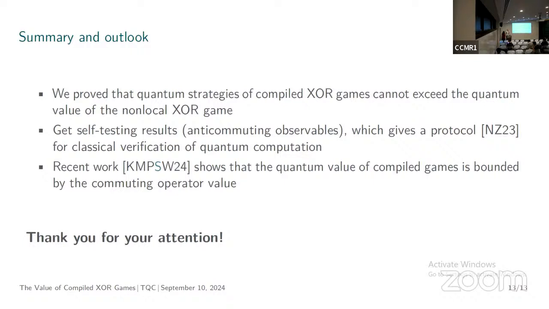I'm not sure if this is the answer, but I thought there's some work that it's upper bounded by the non-signaling value, because you have some spooky encryption interactions, and they can simulate all no-signaling attacks. Is that for all games? I'm not sure. For certain games, let's say CHSH. Okay, thank you.